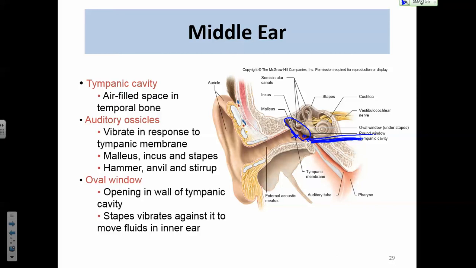So over time, it could cause some hearing loss. All right, and so as that fluid builds up in a child, it can't easily go anywhere. In an adult, it could drain down this way, couldn't it? But in a child, it's more horizontal. It's harder to get rid of the fluid to alleviate the pressure.